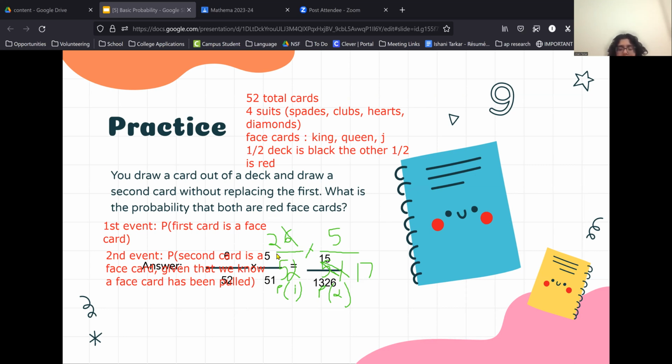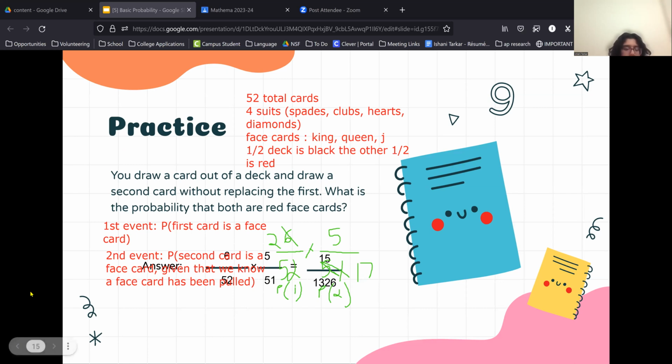So we get 6 out of 52 as the probability of the first event, and 1 less from both the total and desired, which is 5 out of 51, because we are taking out a red face card, so the number of cards is less, but also so is the number of red face cards.